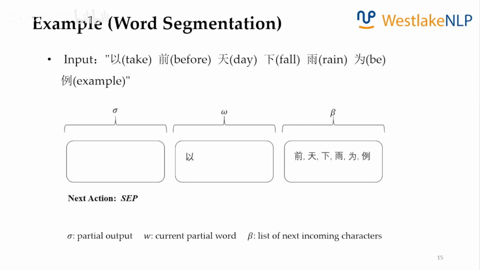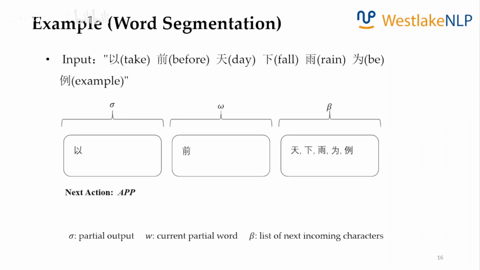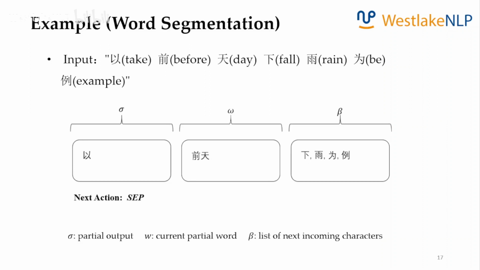So after we apply separate, we put the finished word yi into the buffer sigma, and then the current character, which is the second character, into the buffer omega. So this is an unfinished word. So the next character will be appended to the current character to form a word 前天, which means the day before yesterday.